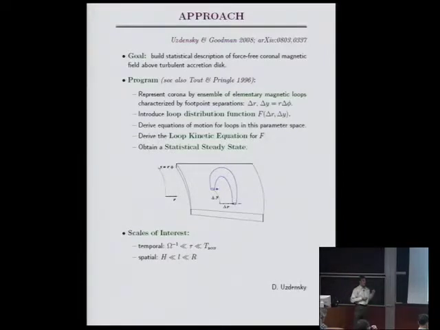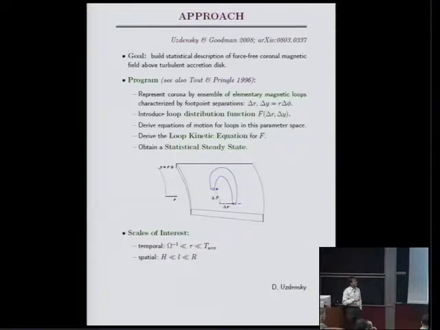And to some extent, what the gas is doing is not important at all. So we don't care about the gas density and temperature. We only care about magnetic structures. We then represent the corona as an ensemble of magnetic loops. And for simplicity, each loop is characterized basically by its length and the orientation with respect to the toroidal direction, or equivalently by the azimuthal and radial foot point separations.